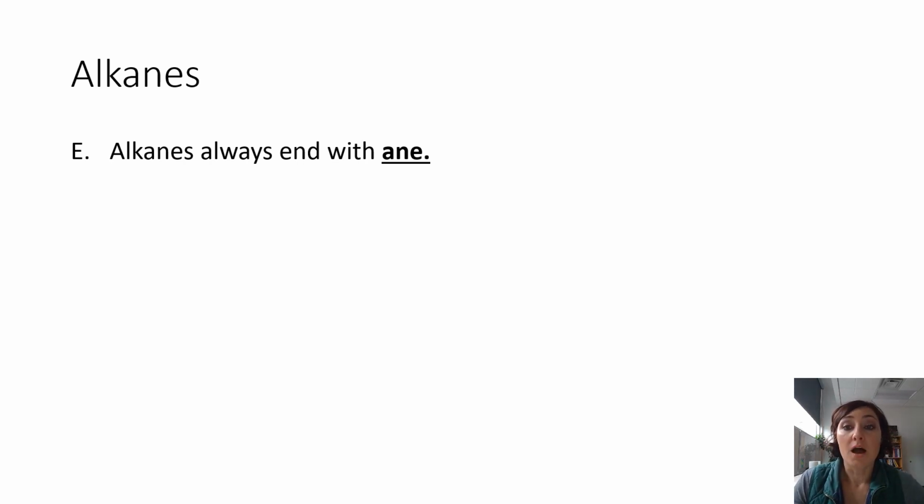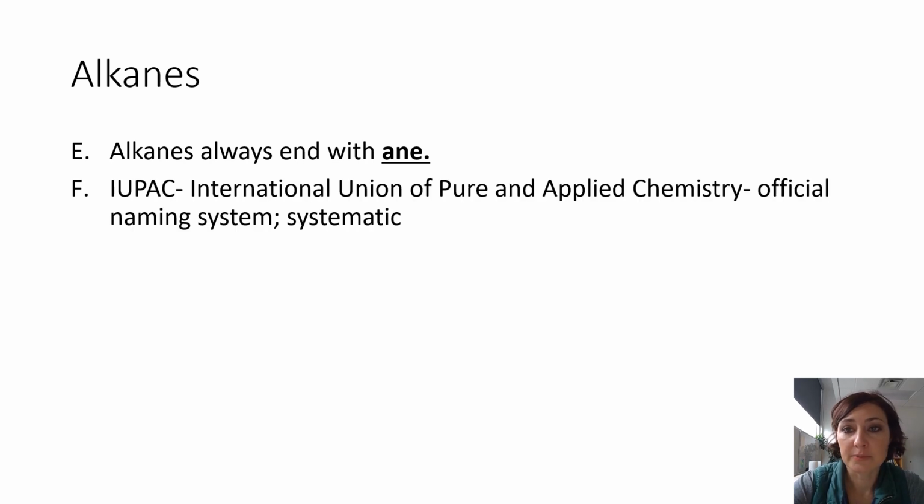Say we have a 1 carbon structure, and it has only single bonds, obviously, because it's only a single carbon. We would consider that to be an alkane. It's only carbons and hydrogens, so we would end the word with -ane. We would call that compound methane, meaning we have 1 carbon, all single bonds.